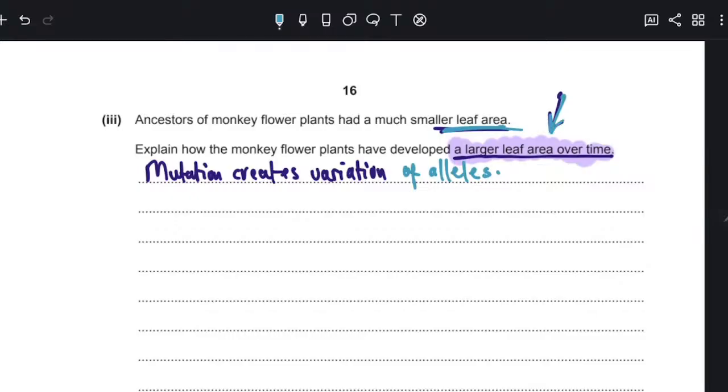So you can be more precise to say mutation produced an allele of a larger surface area.